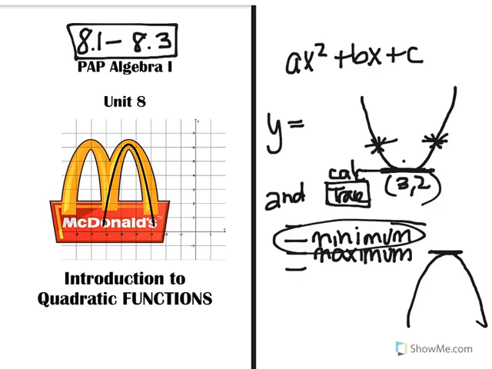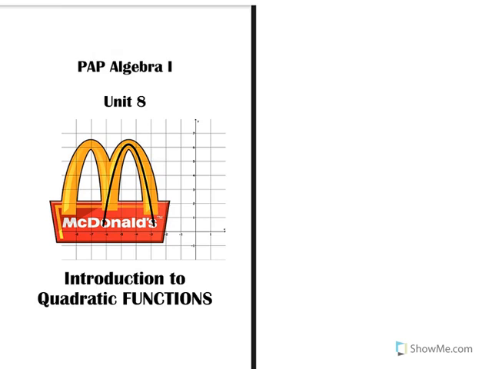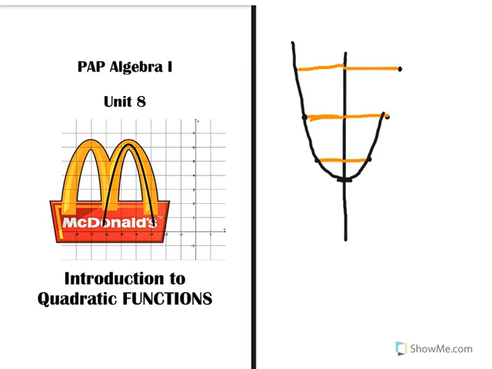In addition to that, she mentioned how if we know the vertex, and likewise then would know the axis of symmetry, if we know several points on one side of our parabola and we plot those on a graph, then you can use the distance that goes from the axis of symmetry to the point and go the same amount of distance on the other side and plot points that are the same distance away, and you're able to draw your parabola like that.